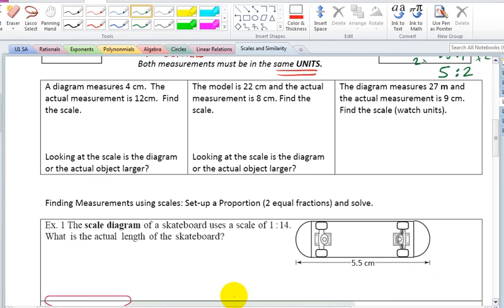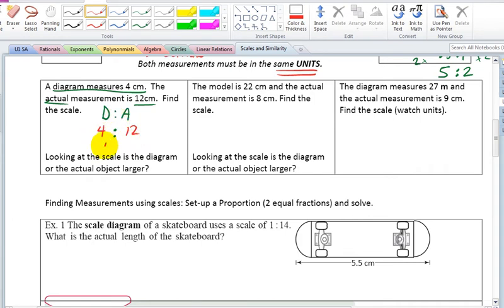A couple practice questions. Diagram measures 4, the actual is 12. Start by writing the scale as D:A, then substitute in your numbers, and then put in lowest terms. So the diagram is 4 to 12. It's both centimeters to centimeters, so that's okay.